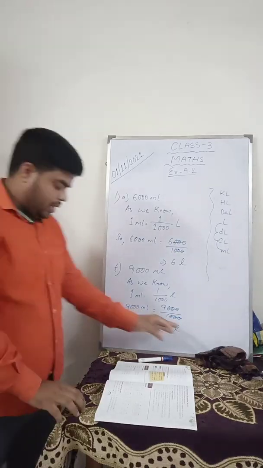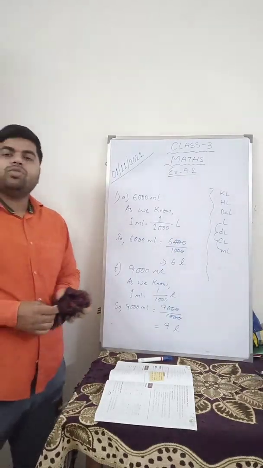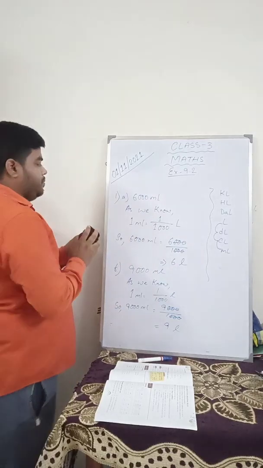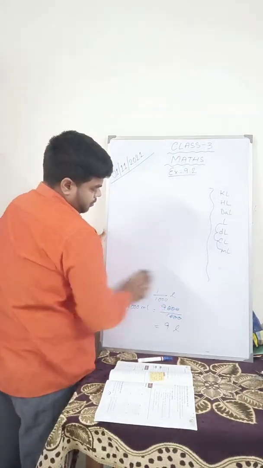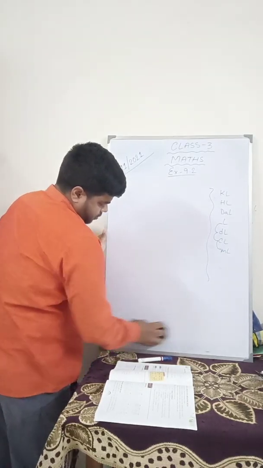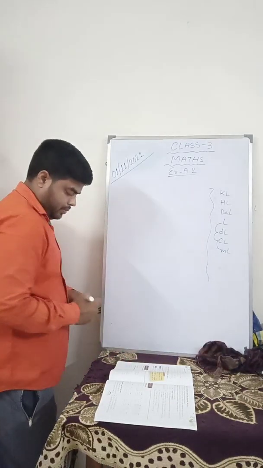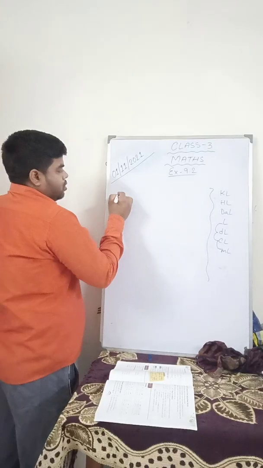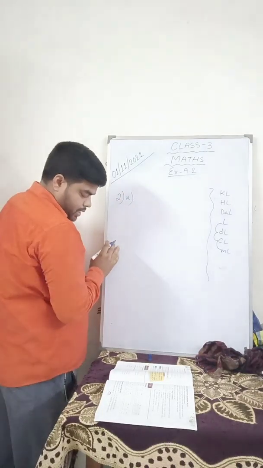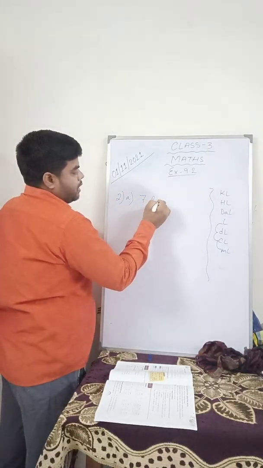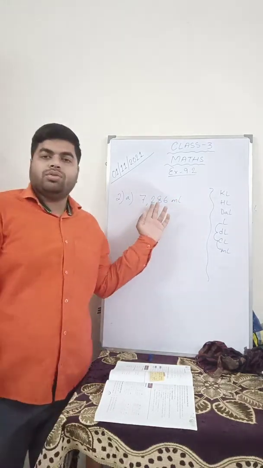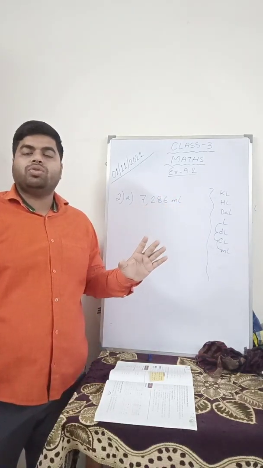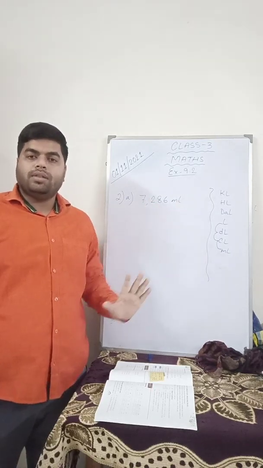In question number 2, they have said, convert the following into liters and milliliters. Let us see. Question number 2A. What they have given? 7,286 milliliter. They have given you 7,286 milliliter and they have asked you to convert it to liter as well as milliliter.